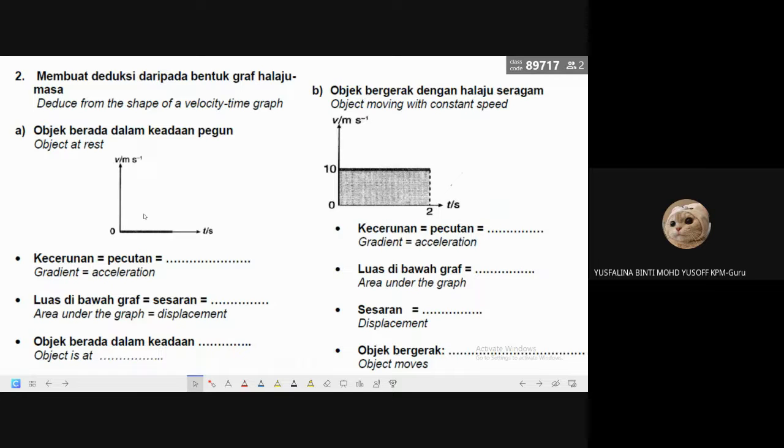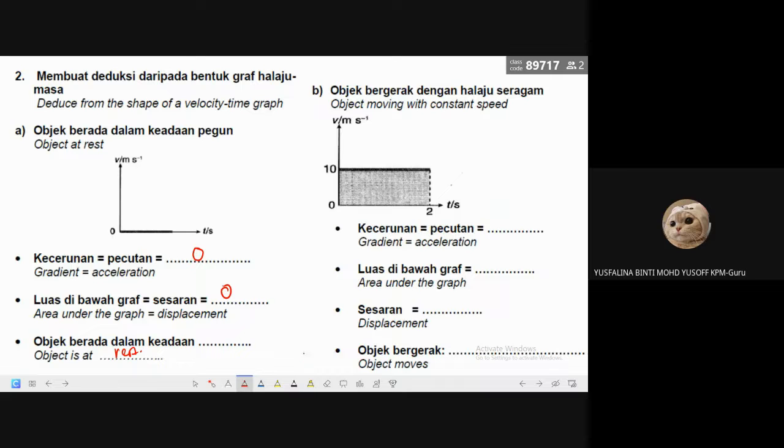Then how about the area under the graph? Also 0, because there is no area under the graph, since it's on the x-axis. And this is where the object is at rest.